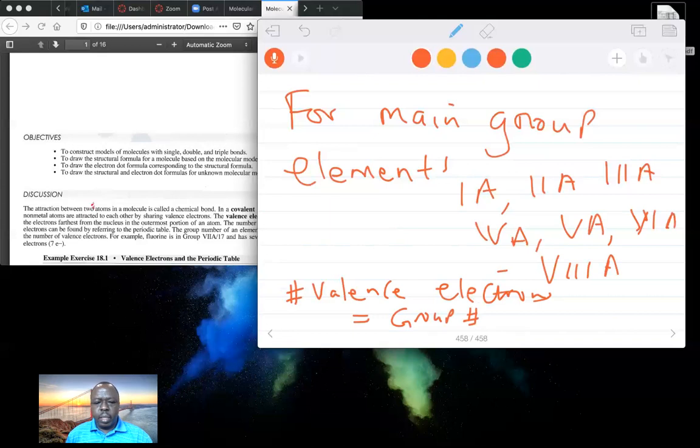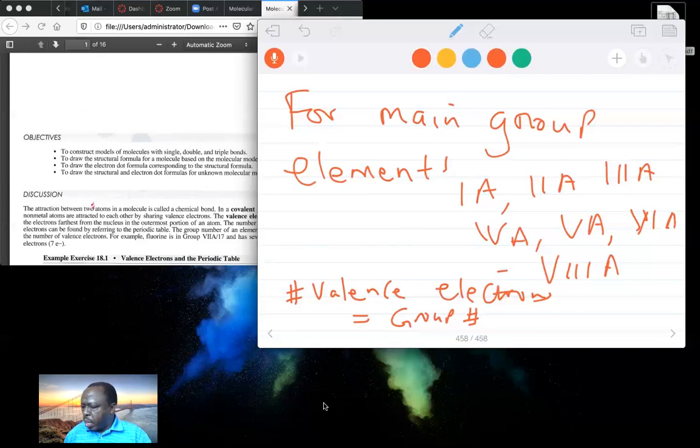That's how you can easily determine the number of valence electrons. You need to be able to determine the number of valence electrons in order to draw the Lewis structure for molecules.